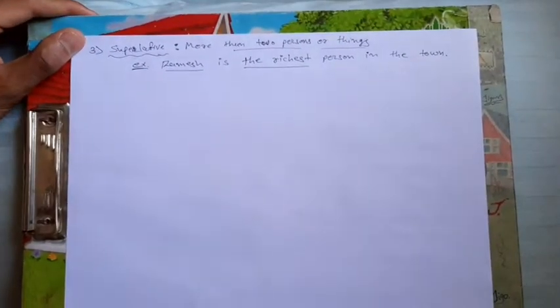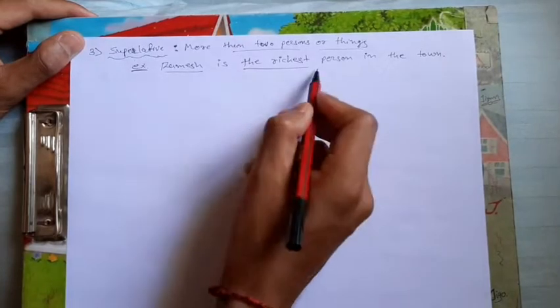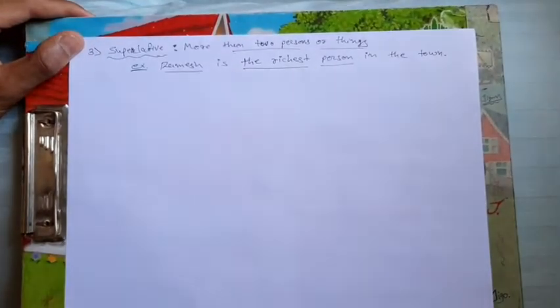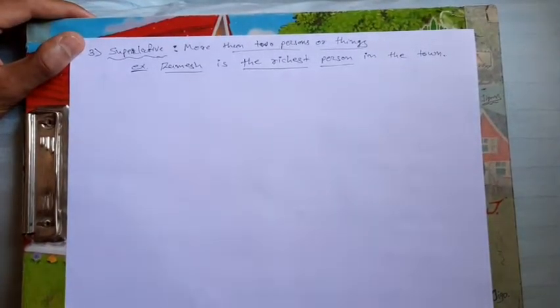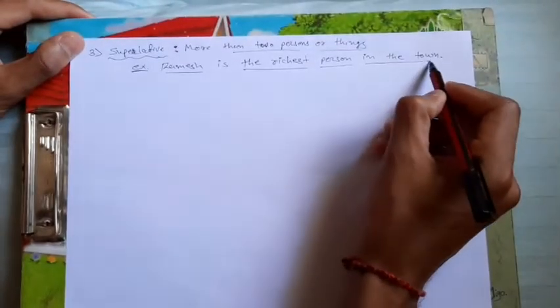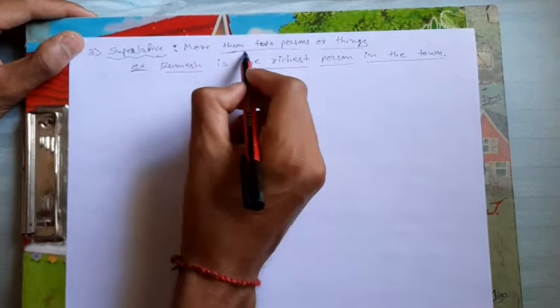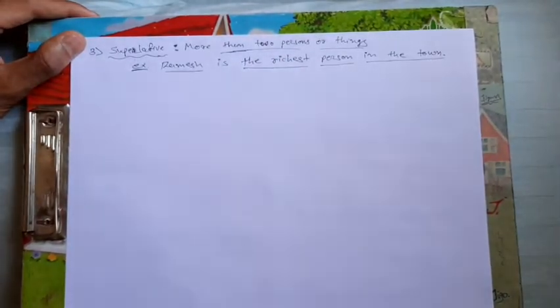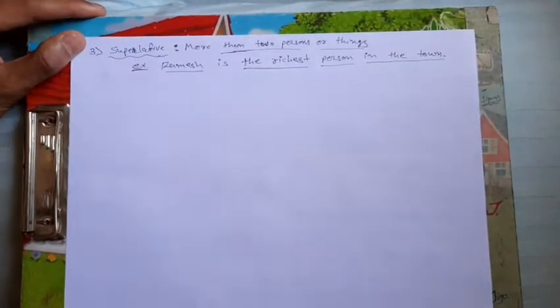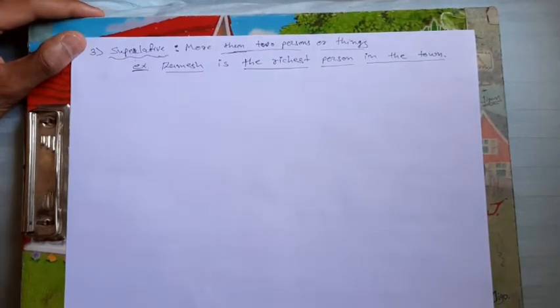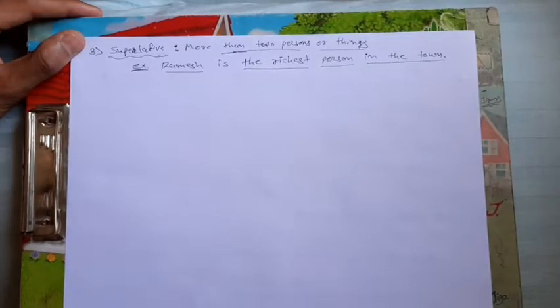The sentence is that Ramesh is the richest person, but we are talking about the whole town. In the whole town, Ramesh is the richest person. So we are talking about more than two persons or things. Nobody else is being compared to Ramesh. So Ramesh is the richest person.